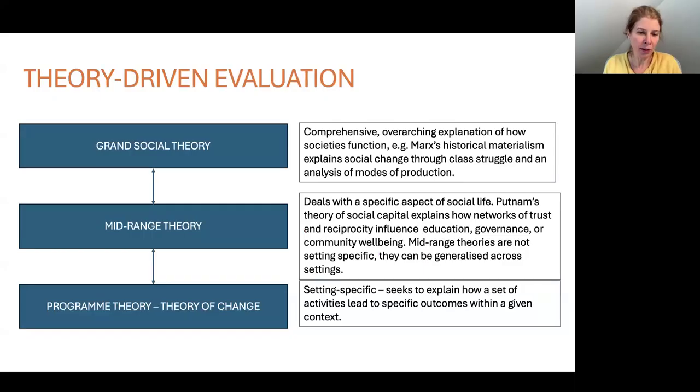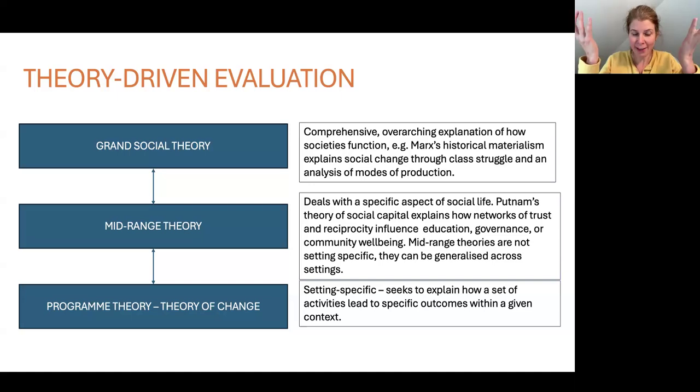And so all of these approaches have in common the fact that they are part of a family of theory-driven evaluation methods. And this is very obvious, I'm sure, to most of you, but in our world, we normally think about program theories or theories of change, and these tend to be setting specific. So they explain how a specific set of activities leads to a specific outcome in a given context.